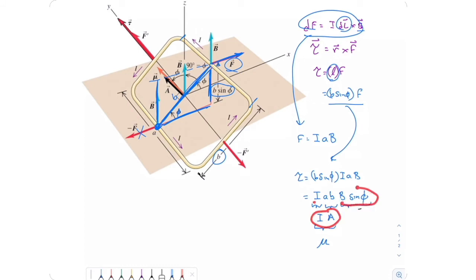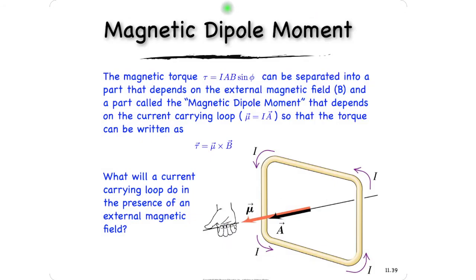IA times B sine phi. That can be separated into parts that depend on the magnetic field, so the B, and parts that depend on the loop, which is I times A. And we're calling that quantity mu. And if we do that, this torque can be written as mu cross B. Right? The mu gives us the IA, the B gives us the B, and the cross product gives us the sine of the angle between them.